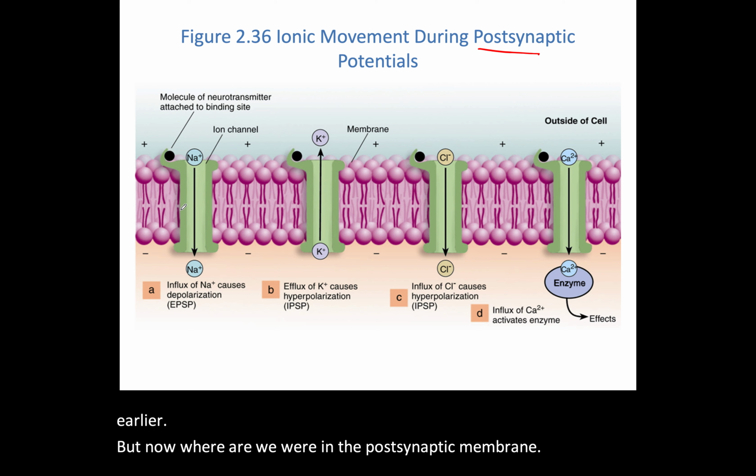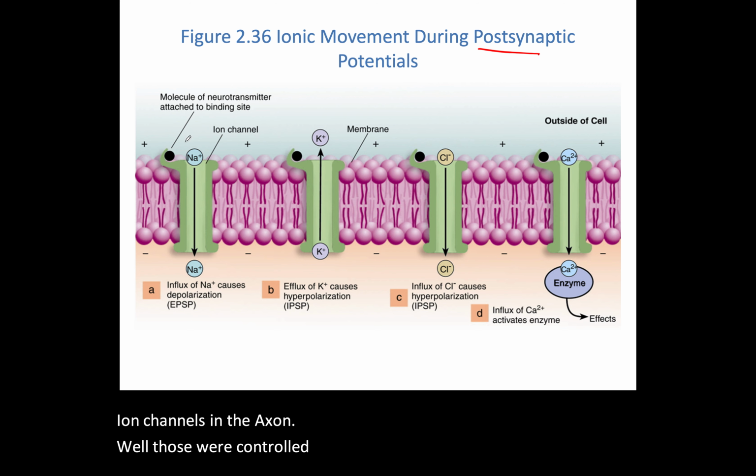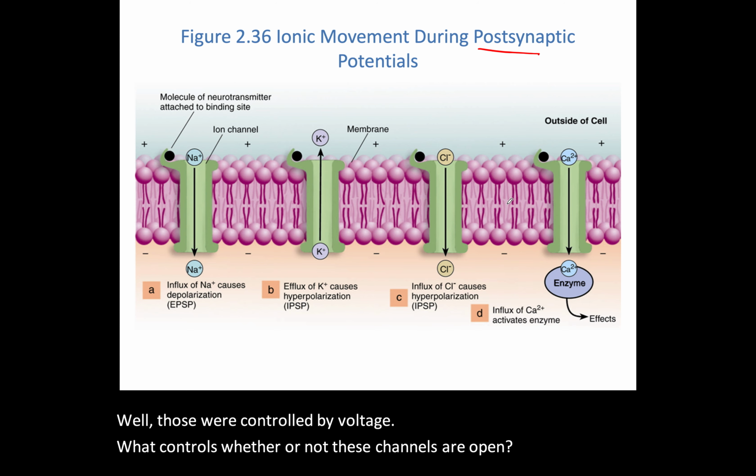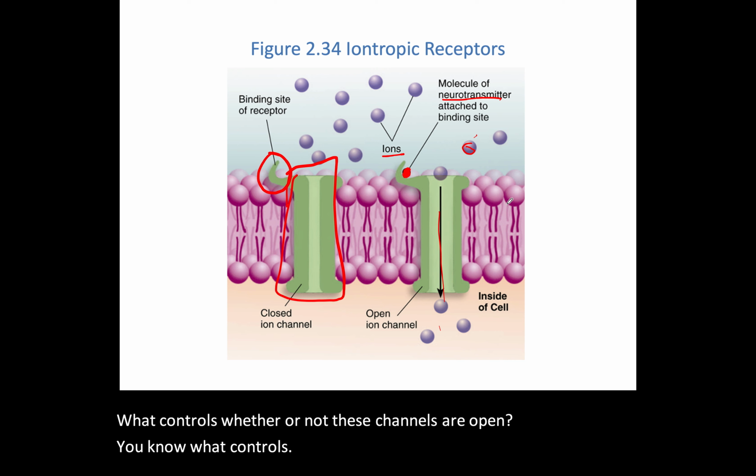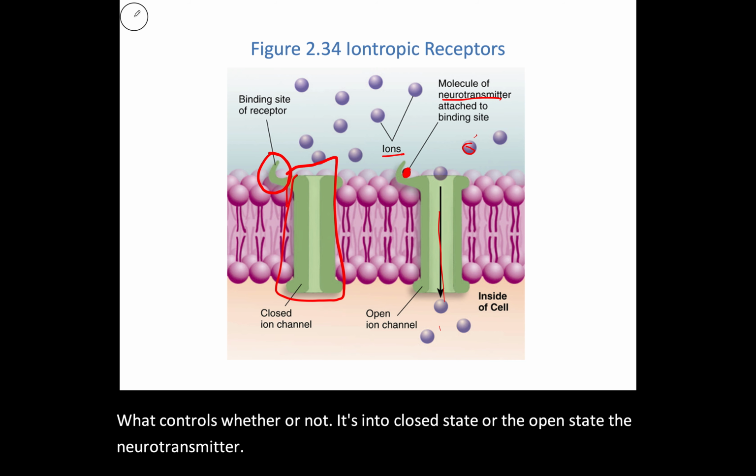The other difference between the voltage gated ion channels in the axon, well, those were controlled by voltage. What controls whether or not these channels are open? What controls whether or not it's in the closed state or the open state? The neurotransmitter.